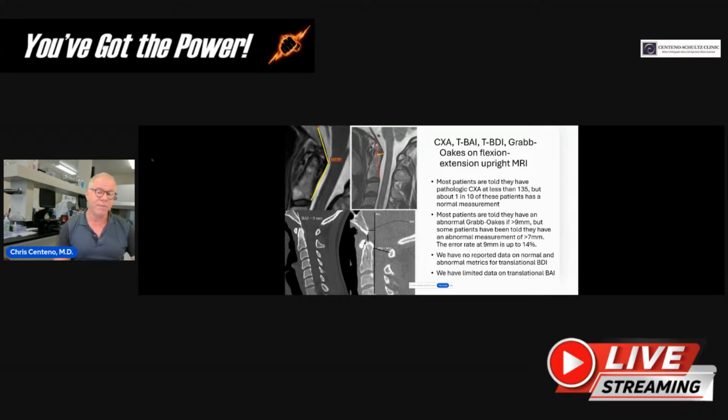But some people have told me their Grabb-Oakes are abnormal if it's greater than 7. The error rate at 9 is up to 14%. I would imagine at 7, it's got to be 1 in 3 or so. So be very careful with that measurement. Again, we have no reported data on normal and abnormal metrics for translational BDI, and we have limited data on translational BAI.